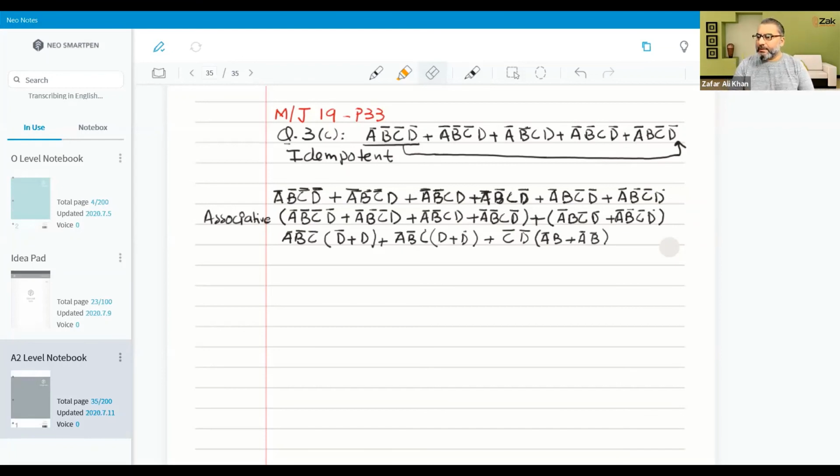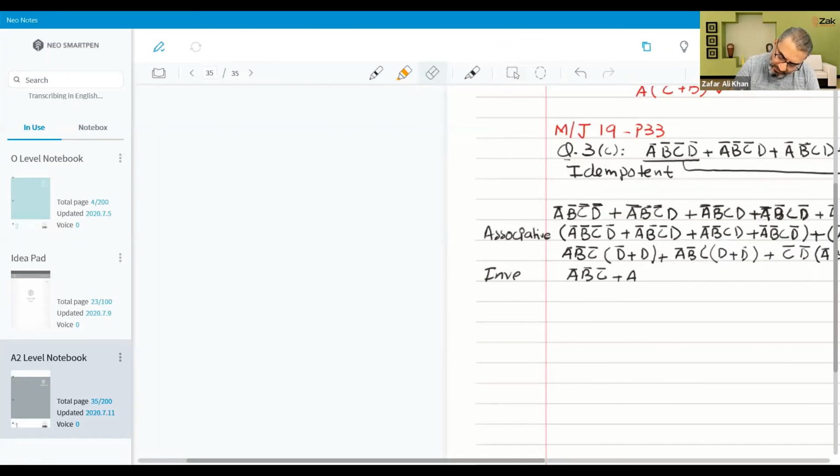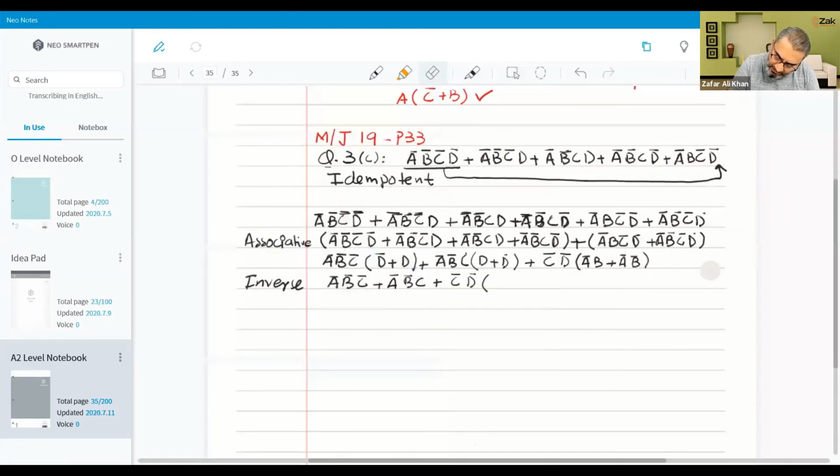Now the laws we have in this involve the inverse law. So this would be A naught B naught C naught plus A naught B naught C plus C naught D naught. Inside the bracket we have taken A naught outside and then inside another bracket B plus B naught.